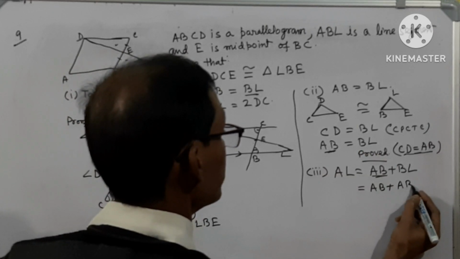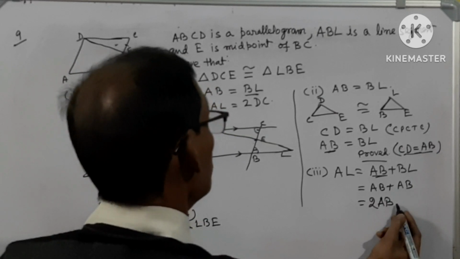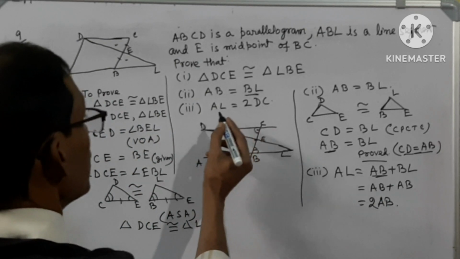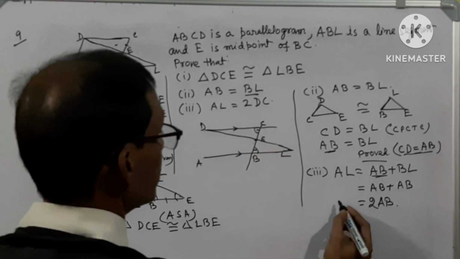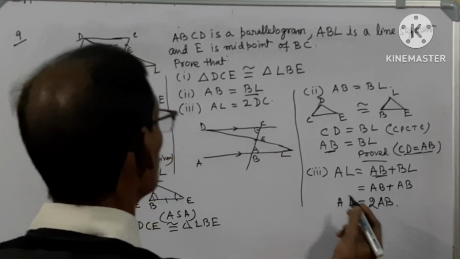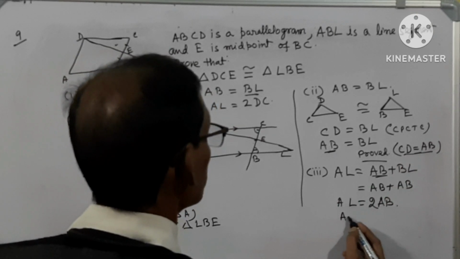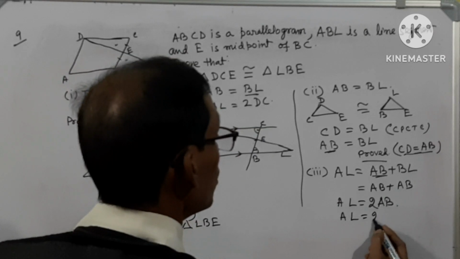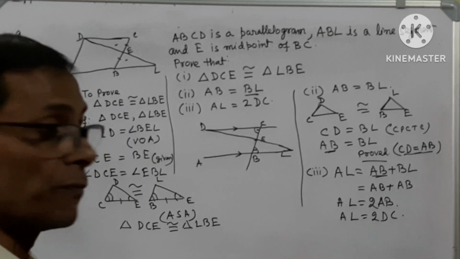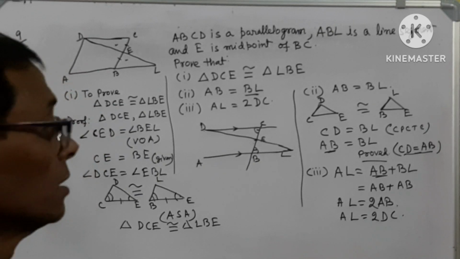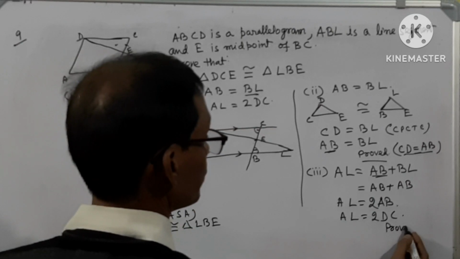AB plus AB gives me 2AB. But we have to prove AL equal to 2DC. So AB is equal to DC. So you write AL equals 2DC. Only you substituted DC in place of AB. So this way you proved the third sum also.